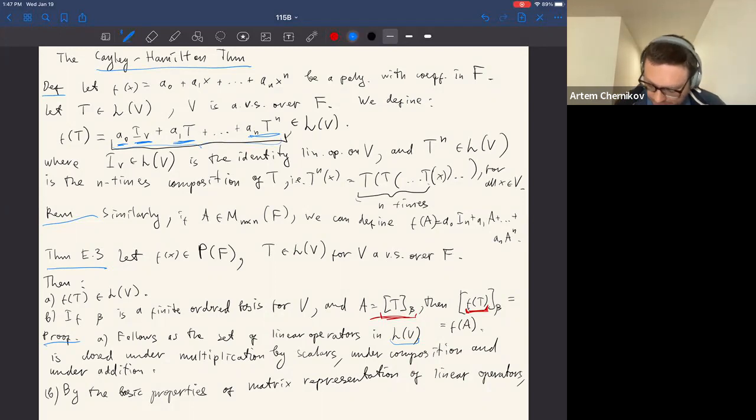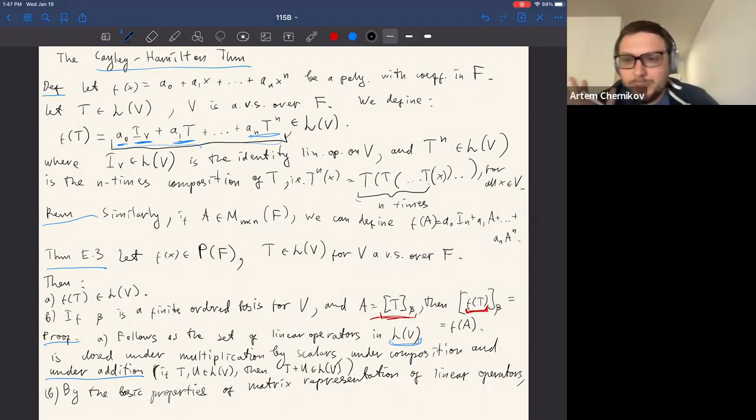Okay, so here when we say that L(V) is closed under addition, what do we mean by this? Let me just write it symbolically. This means that if T and U are two elements in L(V), then we have already defined the linear operator T plus U, which is also an element of L(V).